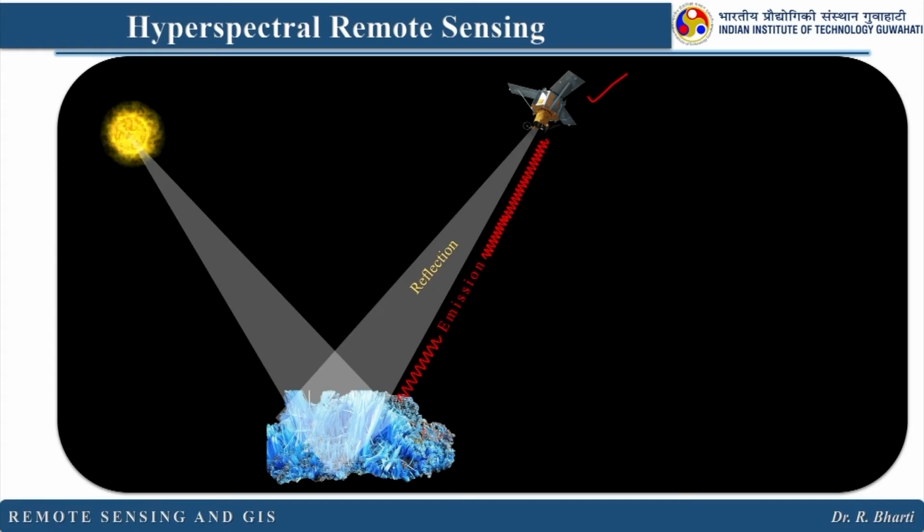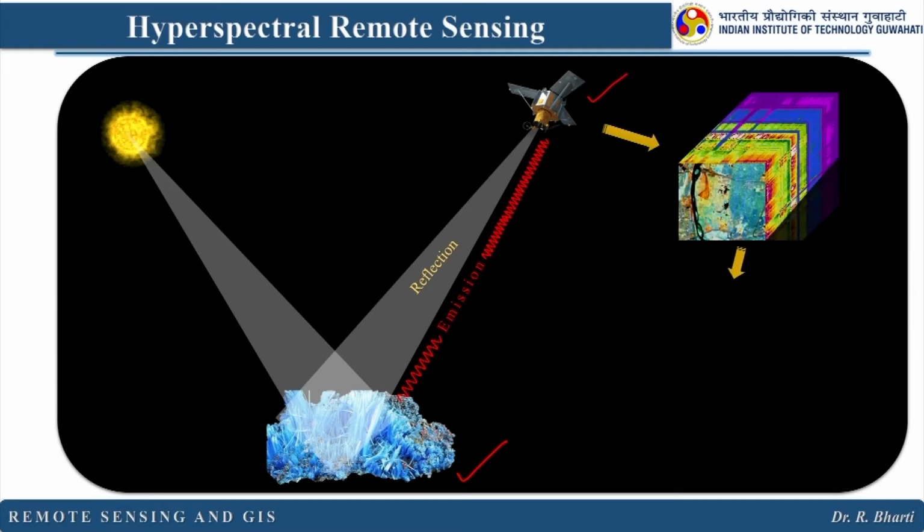The sun is illuminating the surface and the target is getting illuminated and it will reflect some of the energy and also emit some part of energy, and that will be recorded by our sensor in contiguous narrow bands, and that will be like this.